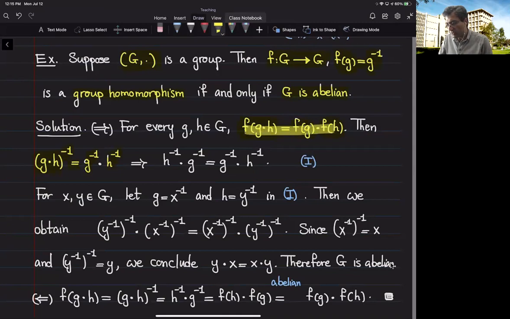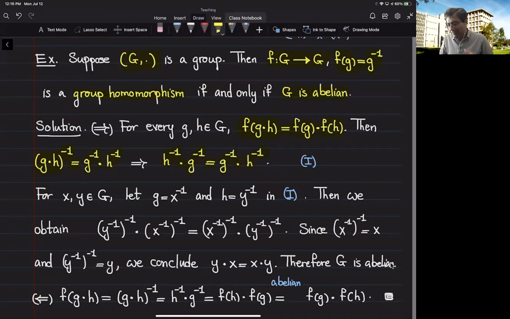From this equation, knowing that f is a group homomorphism, we deduce that (g dot h) inverse is g inverse times h inverse. We have proved that (g dot h) inverse is the inverse of the second term times the inverse of the first term, which is h inverse times g inverse. So this product is supposed to be the same as g inverse times h inverse.